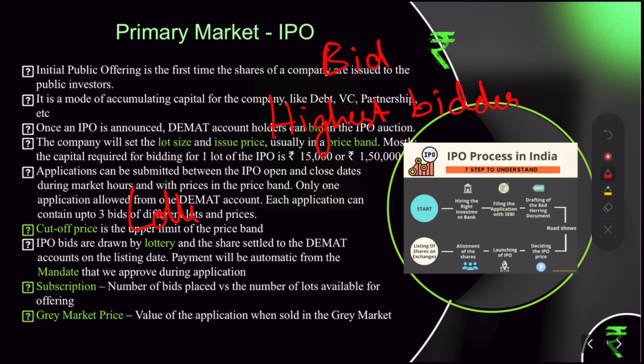But in a lottery, lucky winners are selected and they will be awarded the product. We combine both in an IPO. For that, we'll first understand how to apply for an IPO.